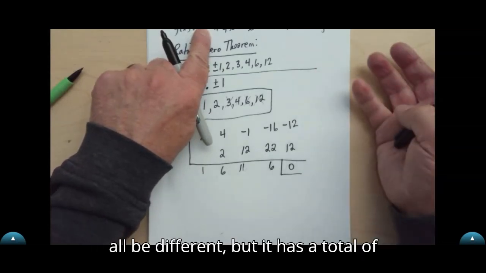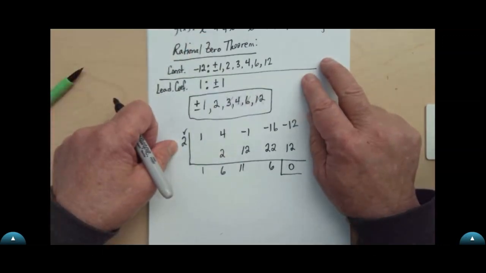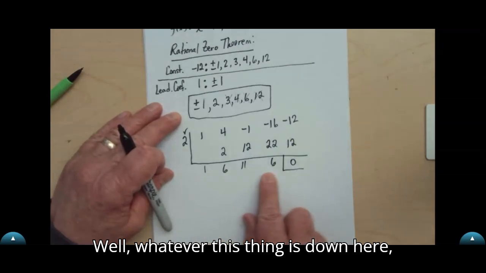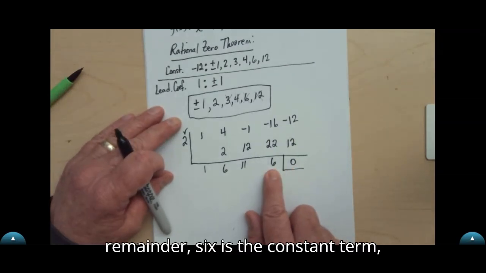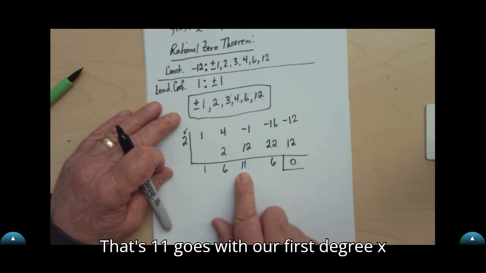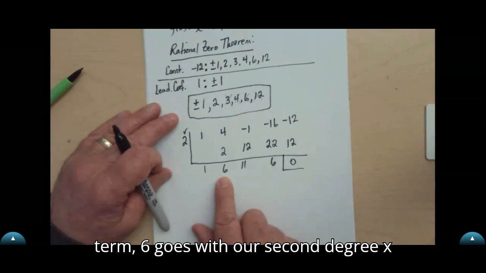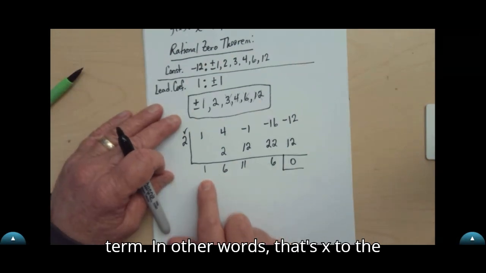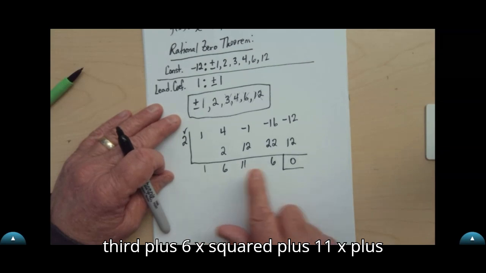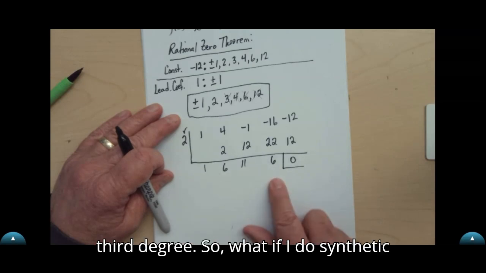Or they may not all be different, but it has a total of 4 zeros. We just found one of them. Well, whatever this thing is down here, look, remainder, 6 is the constant term. 11 goes with our 1st degree x term. 6 goes with our 2nd degree x term. 1 goes with our 3rd degree x term. In other words, that's x to the 3rd plus 6x squared plus 11x plus 6, right? Well, that's only 3rd degree.